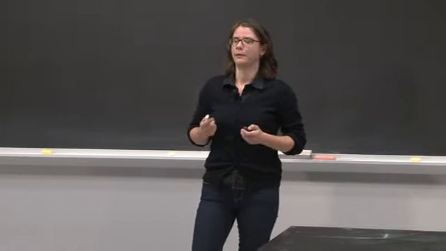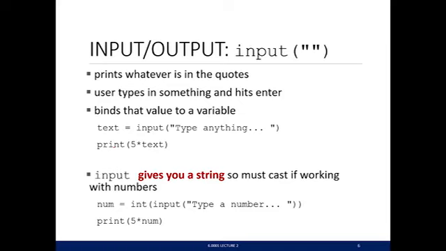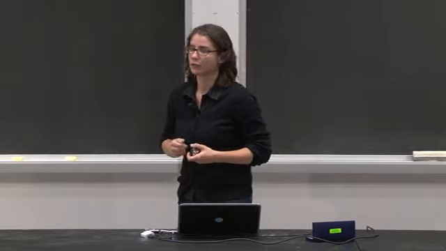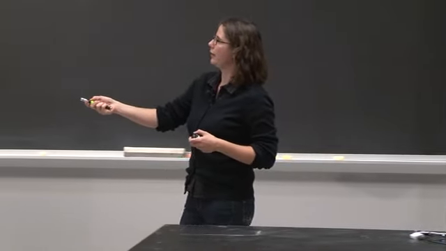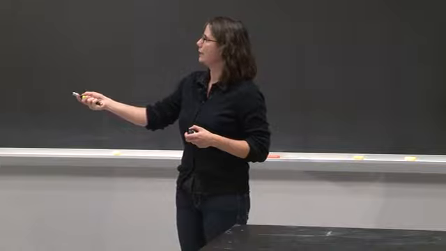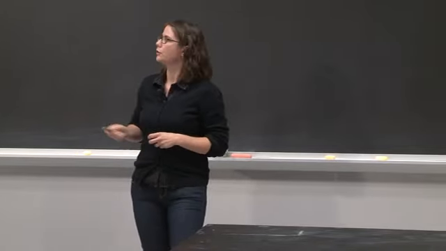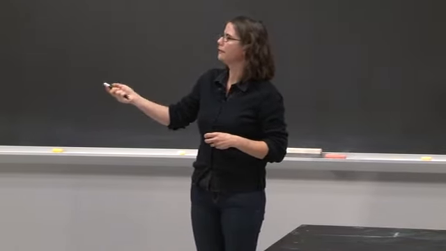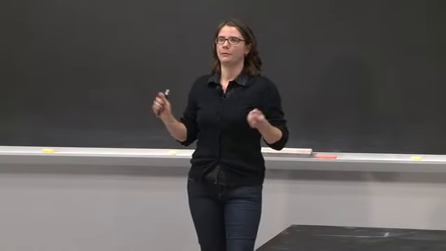So the way you get input from the user is using this function called input. And inside the parentheses, you type in whatever you'd like to prompt the user with. So in this case, in my example here, I have input, and then here I said type anything. So the user is going to see this text here, and then the program's just going to stop.